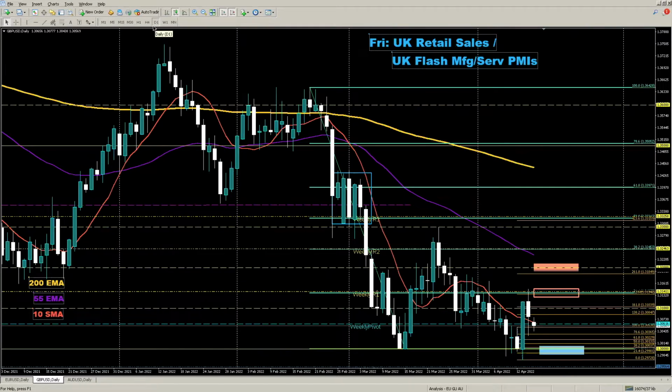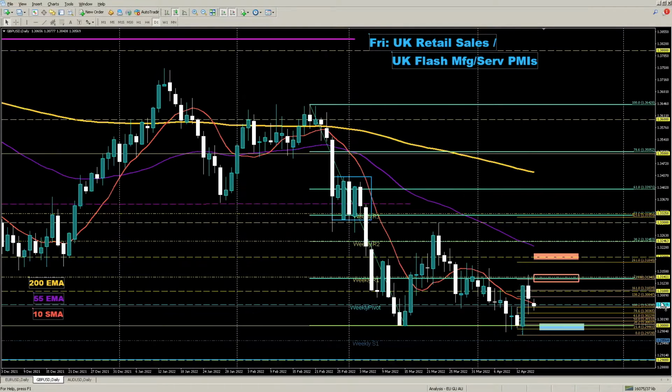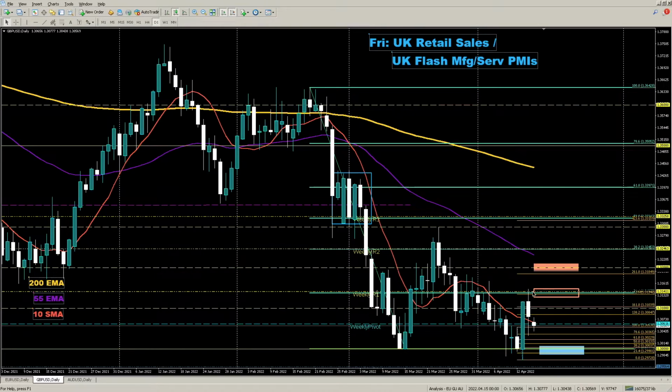Okay, let's go back to the daily time frame. And after hitting this fib extension area, it's also the fib retracement of this swing move down, and that's at the 21 fib retracement.